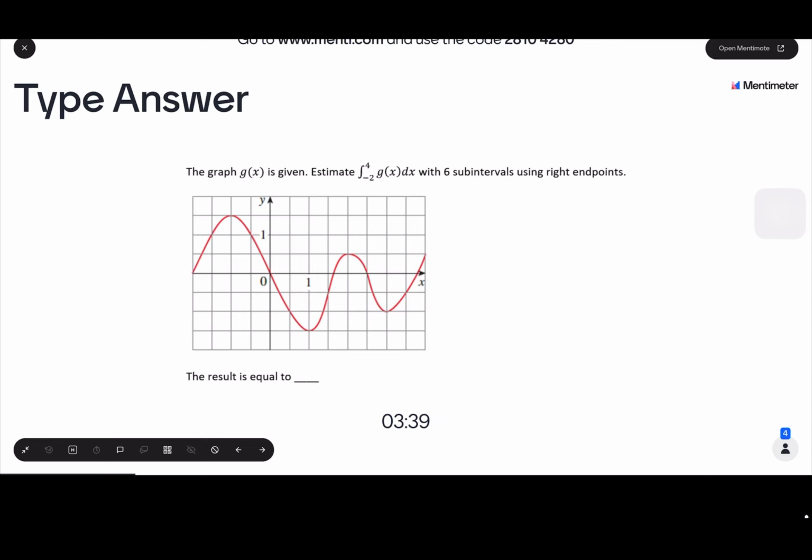The one here is positive, the one here is negative, right? You just need to be really careful to see which ones are the points and compute the rectangles using the right-hand points. Because delta x is just 1, all the numbers will not really be in decimals; if it is decimal, it's a simple decimal.